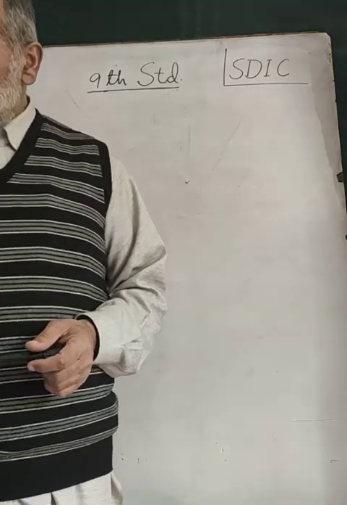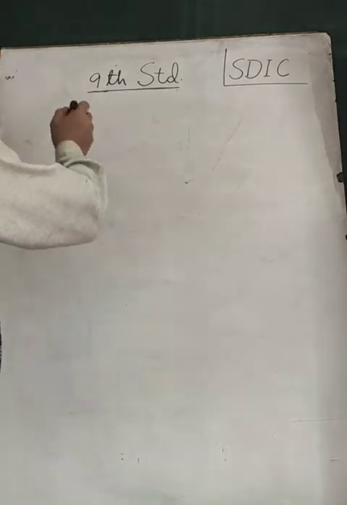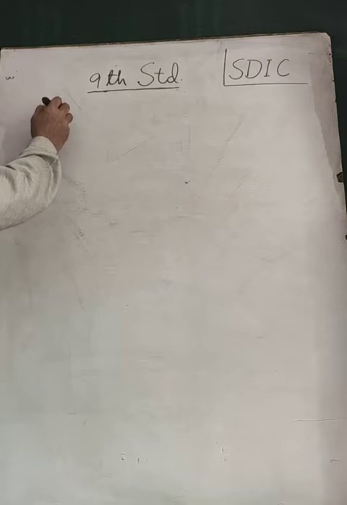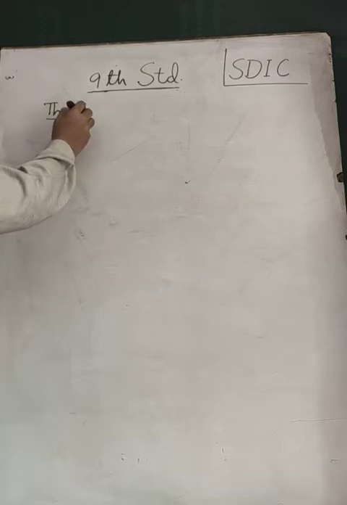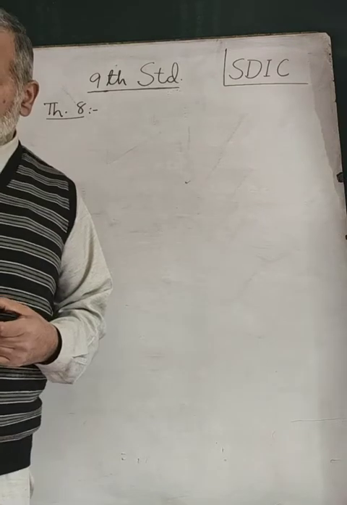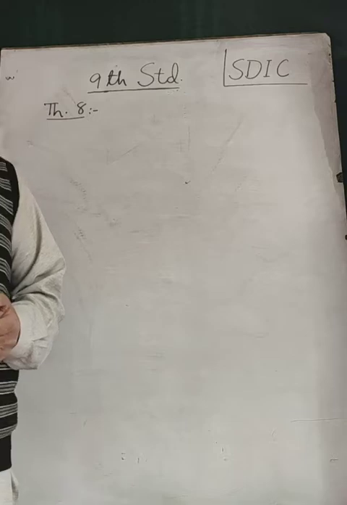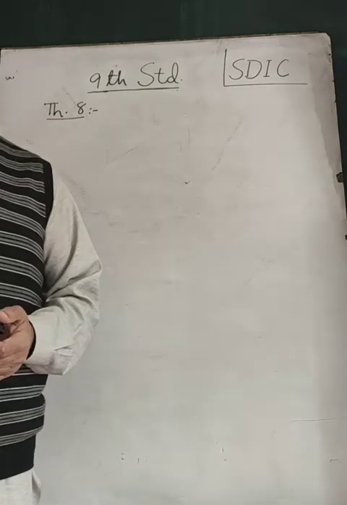We now have the last theorem of this chapter. Theorem number is 8, 6.8, 6th chapter, 8th theorem. The statement you have in the textbook, you can copy that from there.